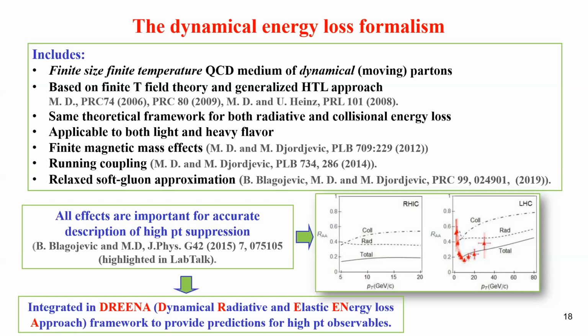And finally, to generate predictions for high-pT observables, we developed the DREENA framework, where DREENA stands for Dynamical Radiative and Elastic Energy Loss Approach, which is a fully optimized computational numerical procedure in which our dynamical energy loss is implemented.